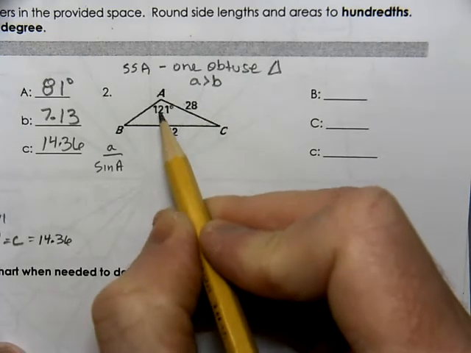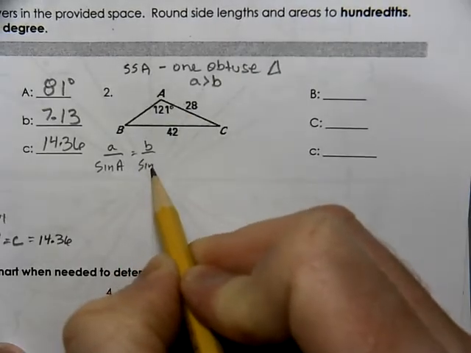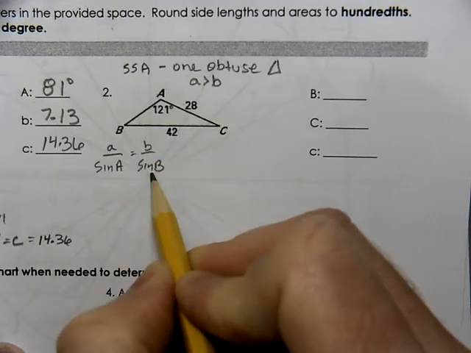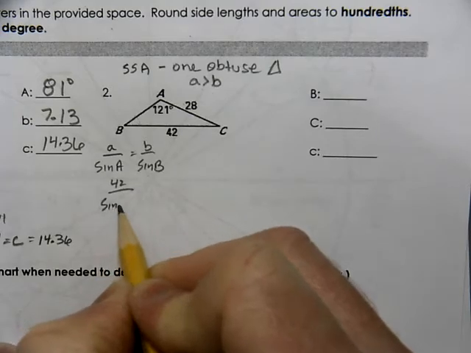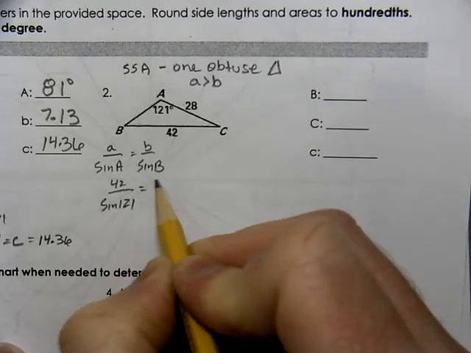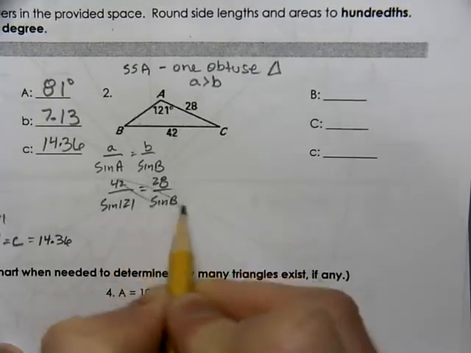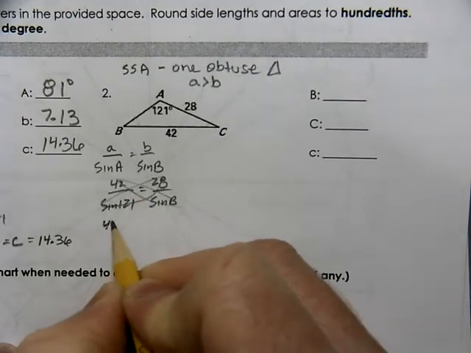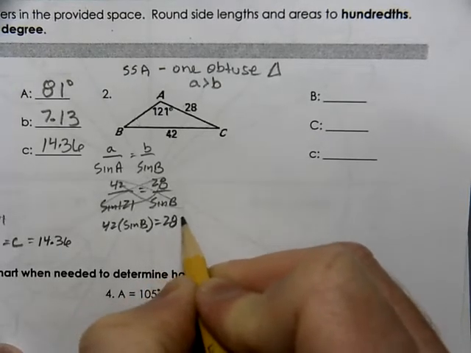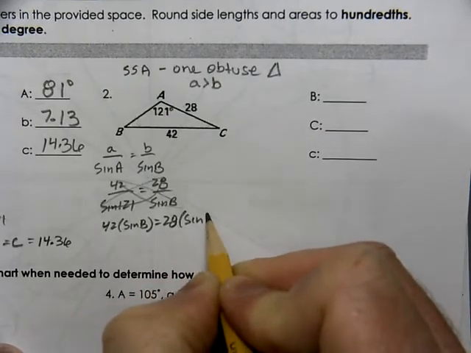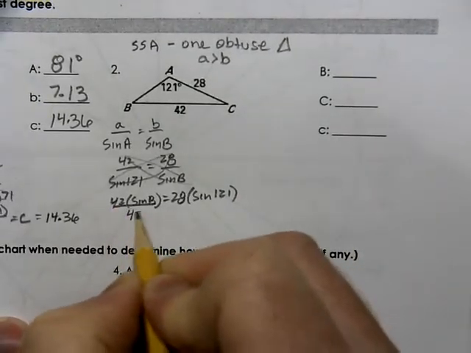We have the side for A, we have the angle for A. B over sine of B. What we don't have is angle B. So when we plug in the numbers, we have to solve for the sine of B. And to do that, we're going to divide by 42.